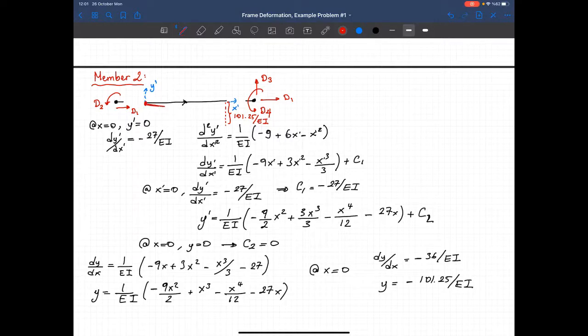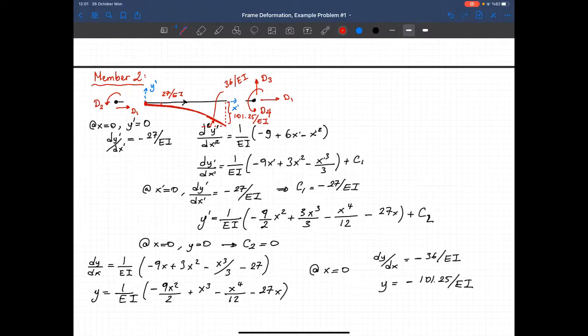That's a clockwise rotation. Magnitude is 27 over EI. At the end, that rotation increases, and the magnitude is 36 over EI. Again, a clockwise rotation. And we have a fourth order variation in the transverse, but I'll just sketch it this way. That's what we expect to see.